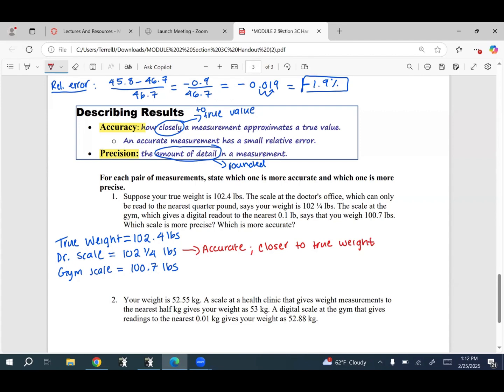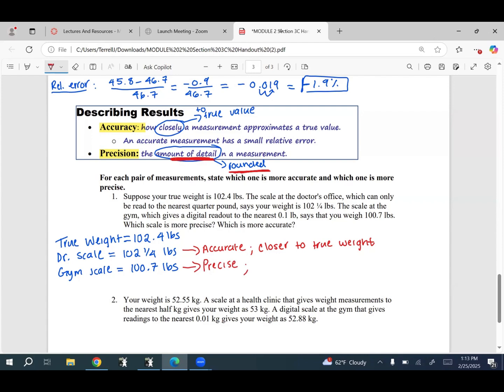Now, precise. With precise, we are looking at the detail, how it's rounded, and comparing that to the true value. So the one with the most detail that's closest to the true weight as far as detail and rounding goes would be the gym scale. This would be precise.